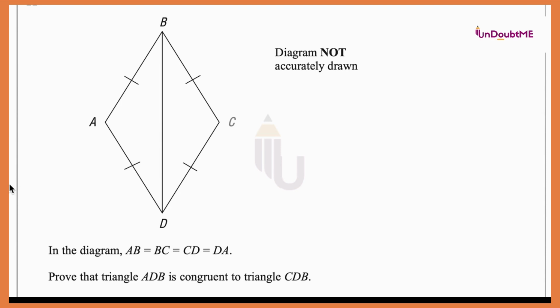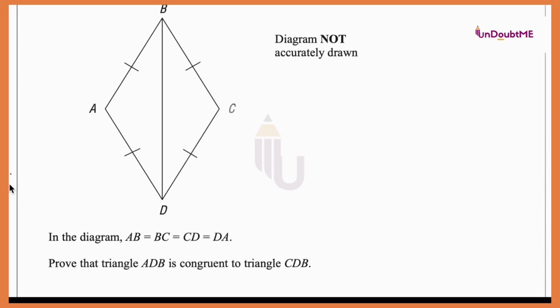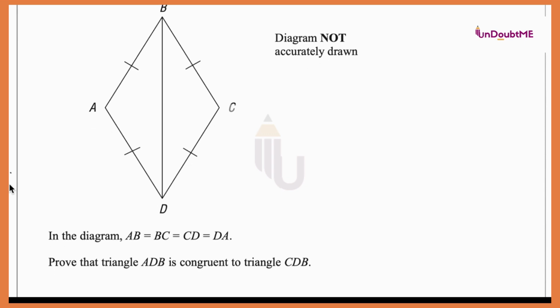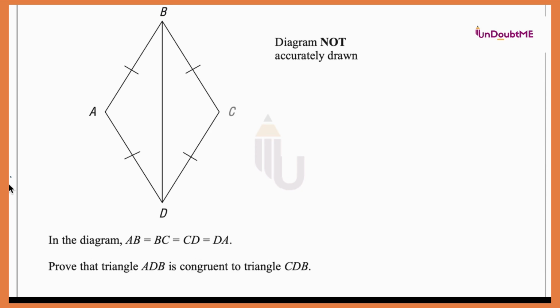In the diagram, all the sides are equal. Okay, it's a rhombus. Prove that triangle ADB is congruent to triangle CDB. I'll just give you a hint for this, because this is much easier. You have to know the congruency first, and BD is a common side.